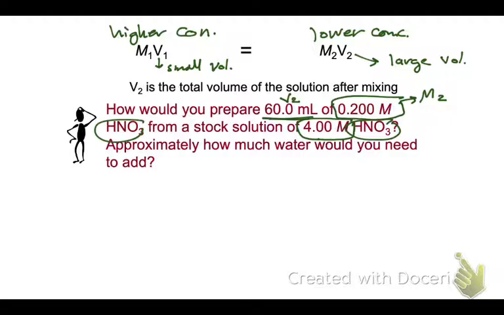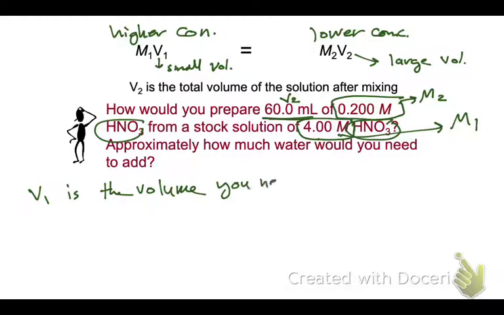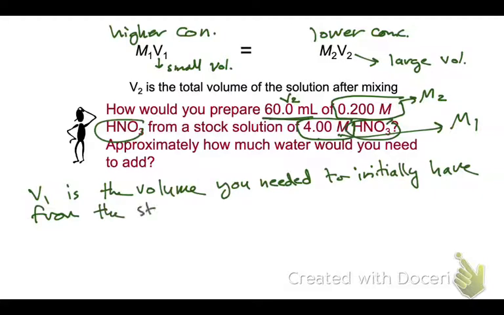So this here is M2, and this high concentration has to be M1, which means I am solving for V1. V1 is the volume you needed to initially have from the stock solution. So you go to the stock solution and you take 4 ml.